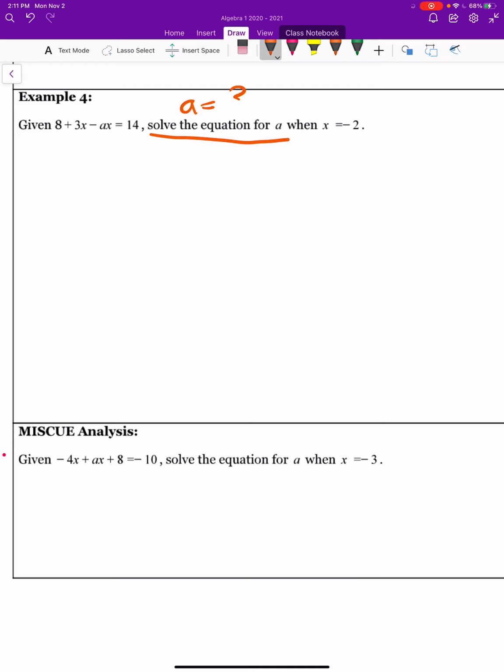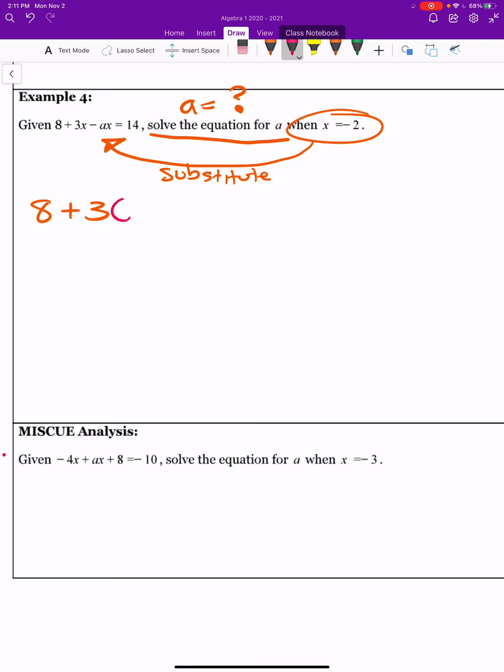So a is going to equal some value, specifically when x equals negative 2. So I'm going to substitute negative 2 for x. Therefore, I get 8 plus 3 times negative 2 minus a times negative 2 equals 14.